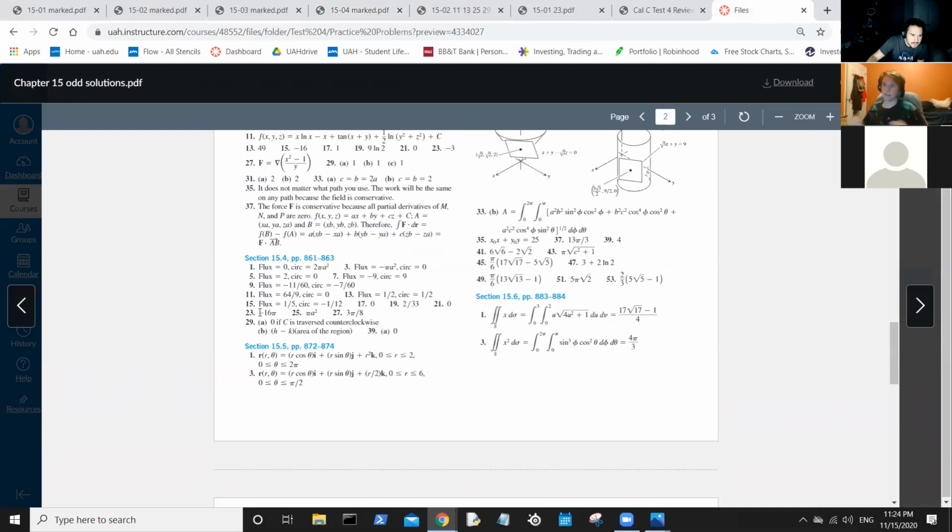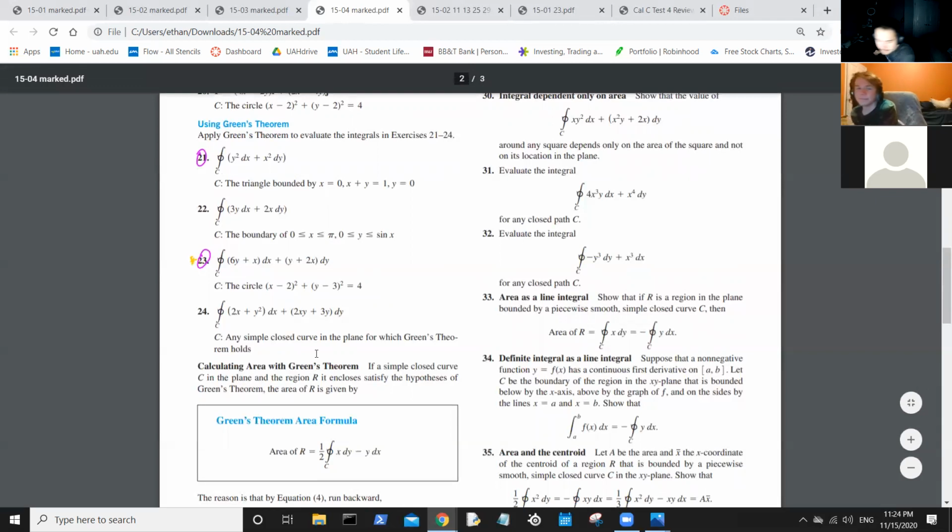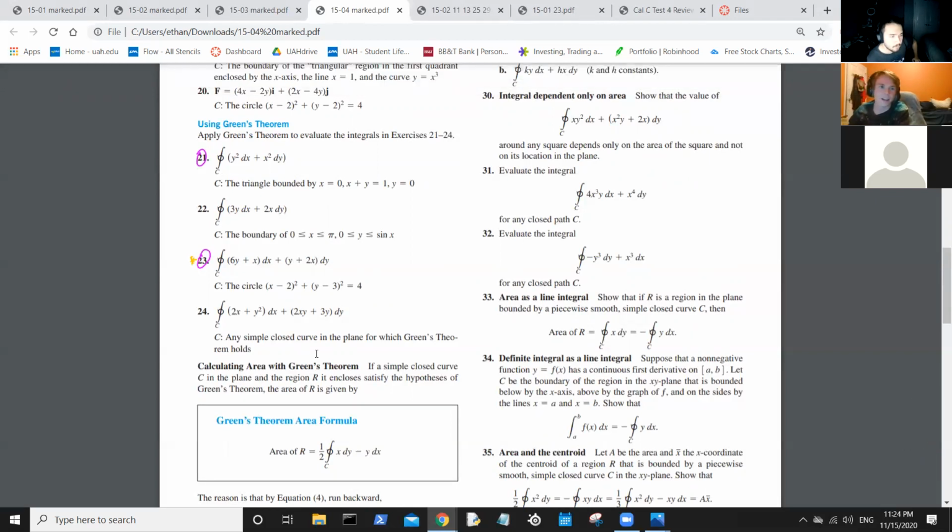The answer to 23 is negative 16 pi. How we arrived at that is beyond me. Let's see, what the heck is Green's theorem in the first place? Those are the two formulas. So what does it even ask? It doesn't ask for circulation or flow.